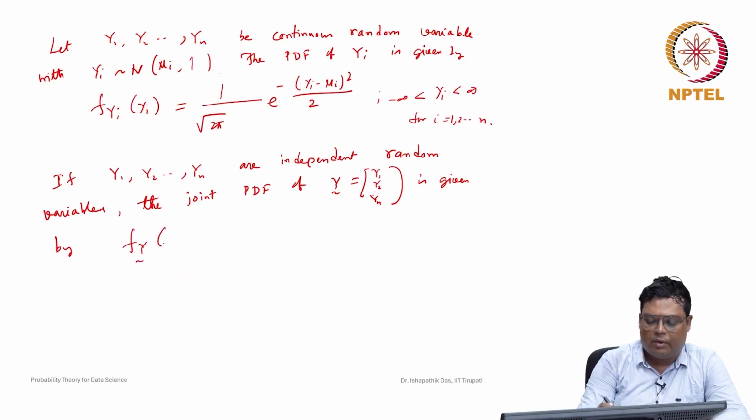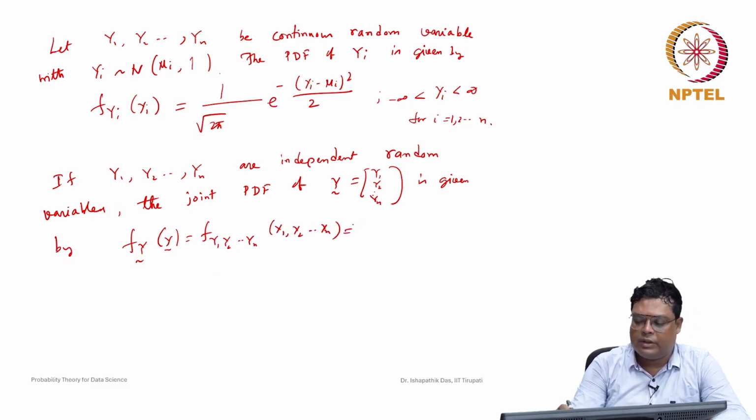So let us explicitly write it to understand it clearly: f of y1, y2, ..., yn. Then what is this? Because they are independent, it will be true for all y1, y2, ..., yn: f of y1, y1, f of y2, y2, then f of yn, yn.